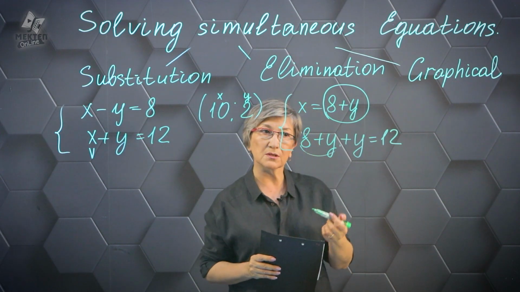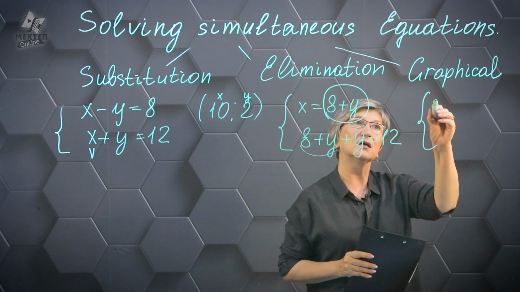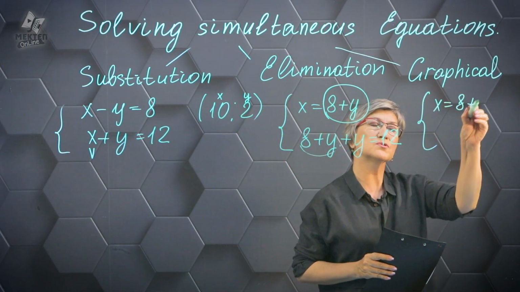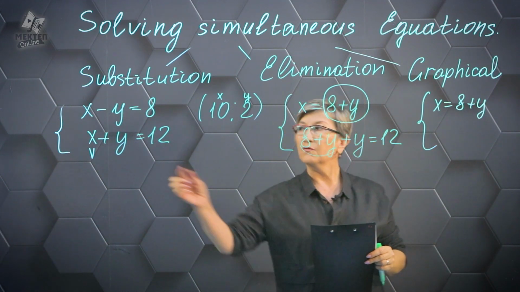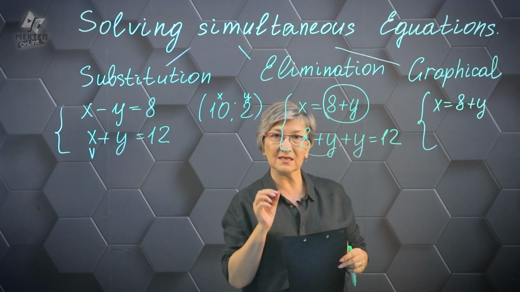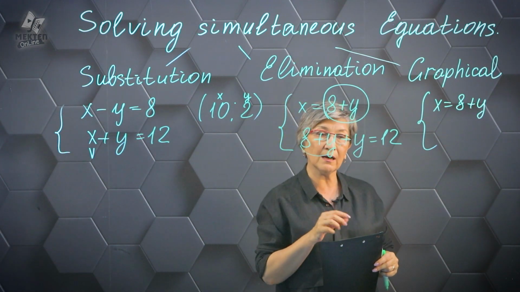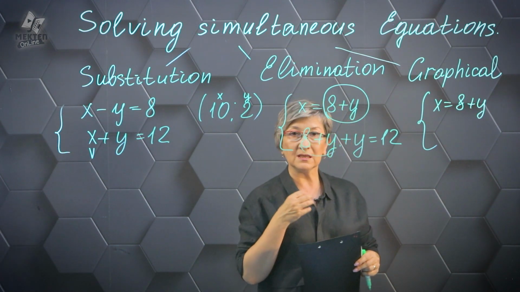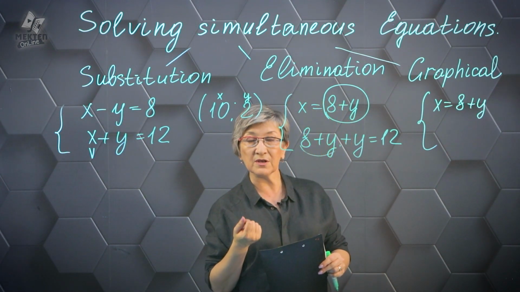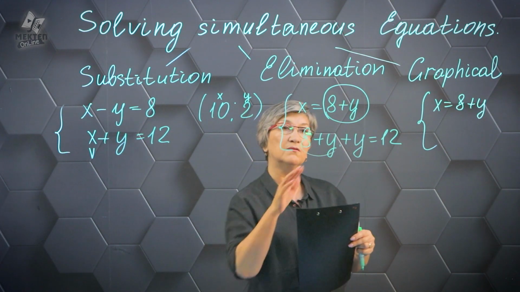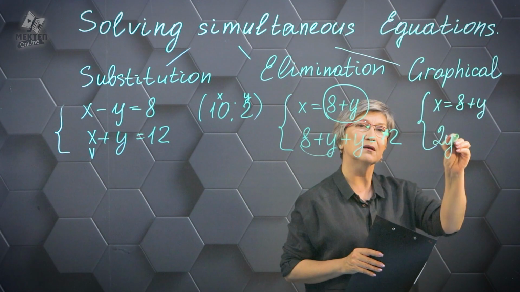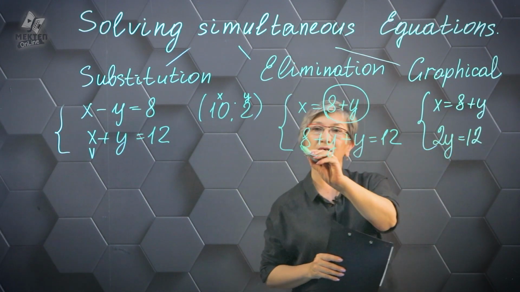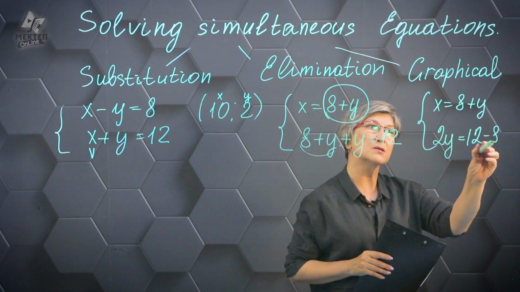What is the result? I'll rewrite the first equation, x equals 8 plus y. And in the second equation, notice instead of having two variables, x and y, I only have one variable. And then I can solve the equation with one variable. I end up with y plus y, that's 2y, equals 12, and we'll move the 8 to the right side.